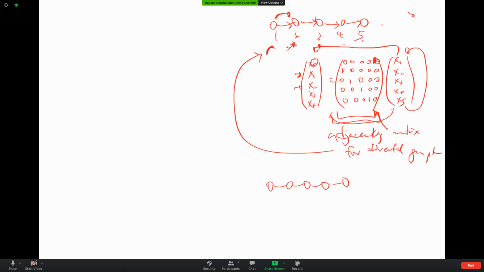Maybe let me repeat. In the classic Fourier transform case, we argue that the sinusoidal bases are just eigenvectors of the shift operation. The shift operation in terms of a graph in the 1D case, particularly for the directed graph, is just the adjacency matrix.